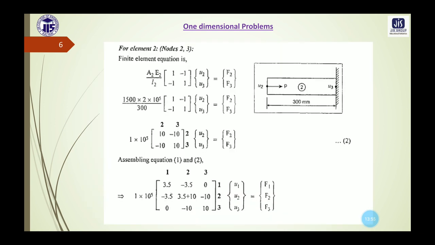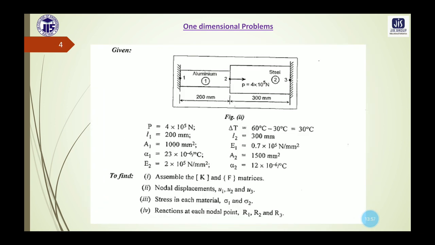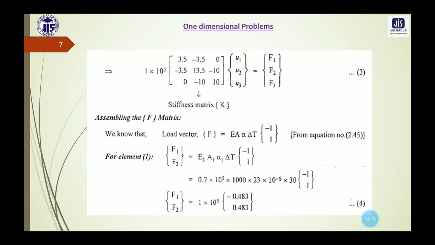If we go back to the first diagram, here you can see at node 1 and node 3 there is no movement, or no nodal displacement of the nodes. So that means u1 and u3, which are the nodal displacements corresponding to node 1 and node 3, are actually 0.